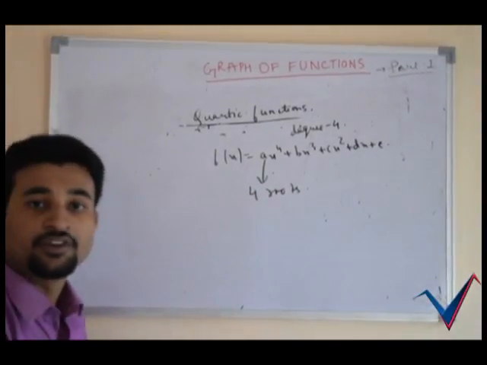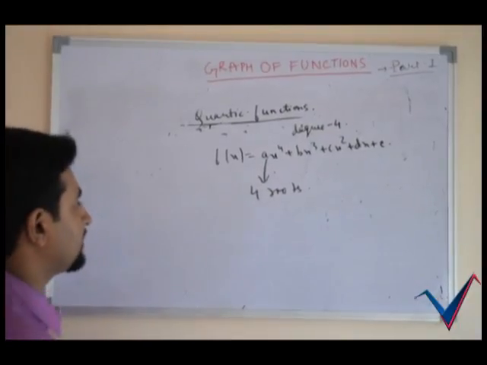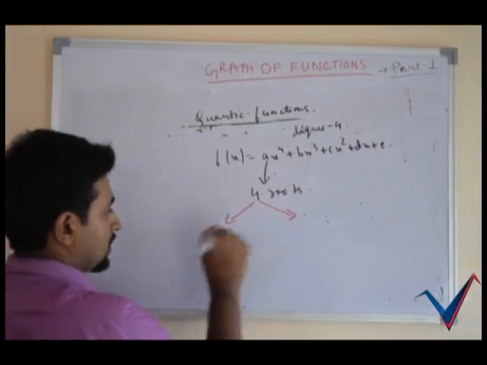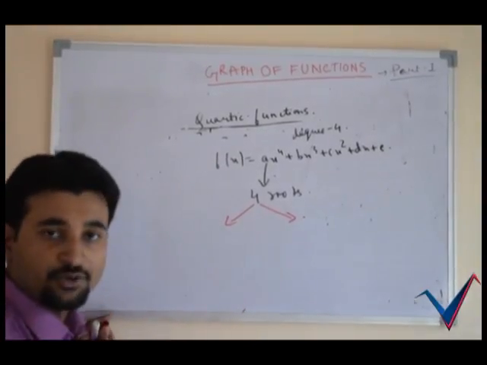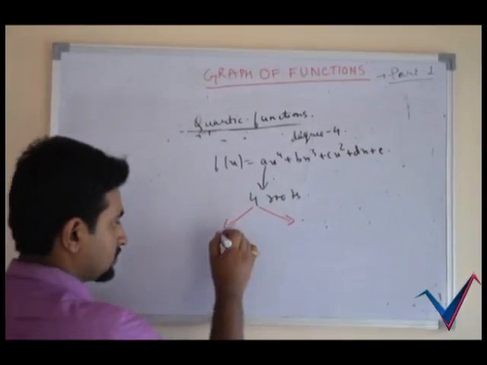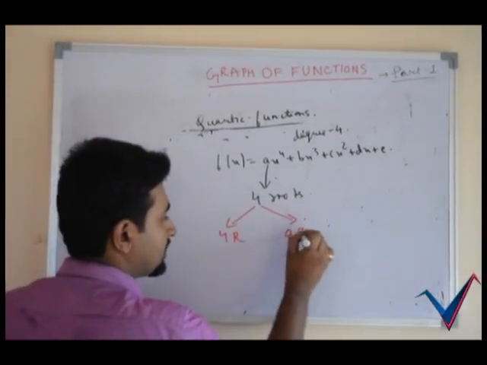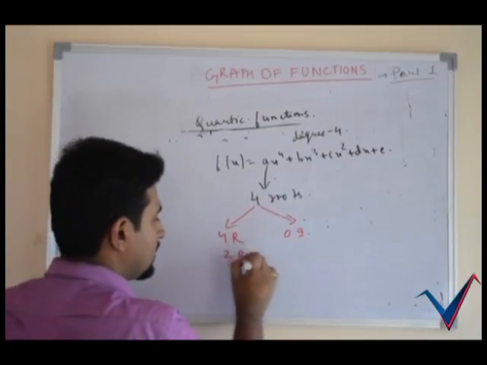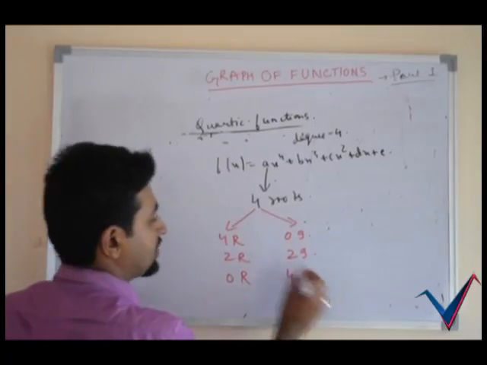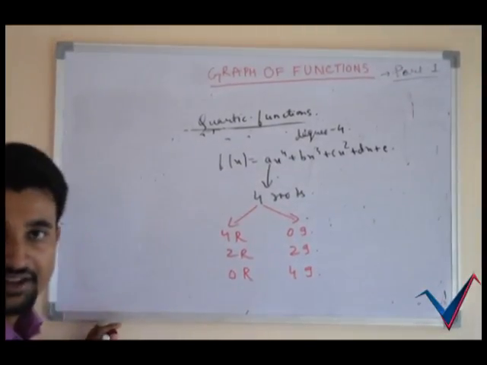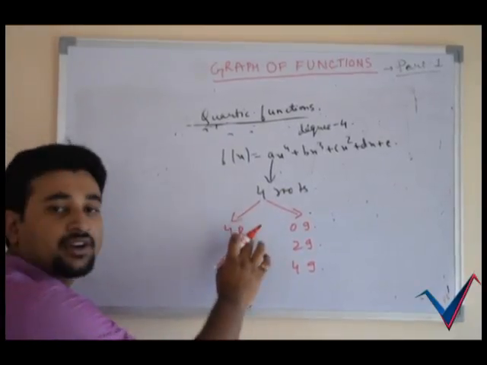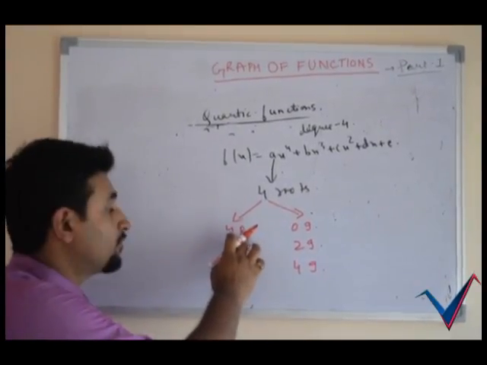And what can be the possibilities for this? As I told you, imaginary roots always exist in pairs. So all 4 can be real: 4 real, 0 imaginary, then 2 real, 2 imaginary, then 0 real, 4 imaginary. Anything can be the possibility, and you can have multiple possibilities here also, when 4 are real and when 4 are equal or 3 are equal.